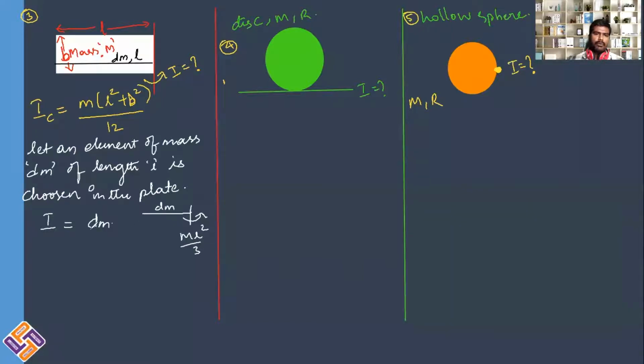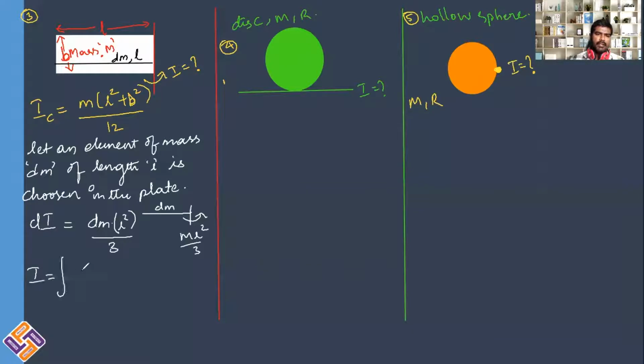But here, instead of mass m, you will take dm. And what about the length? The length is L square divided by 3. We are not using the parallel axis theorem or the perpendicular axis theorem in this example, it's not necessary. So in order to find the moment of inertia, I'll just integrate this.